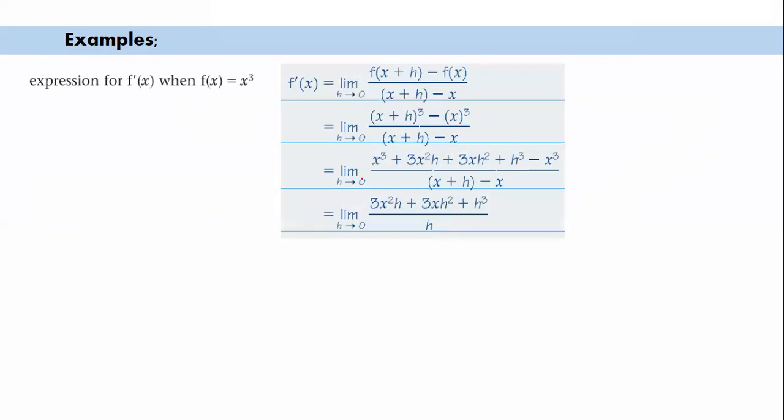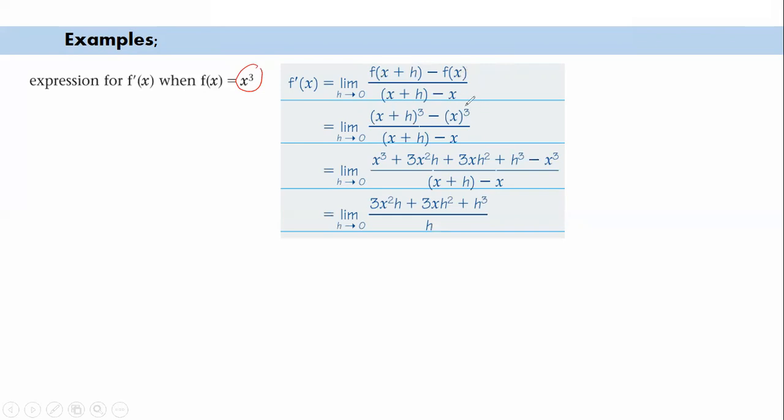We will again consider the general formula, which is f'(x) equals the limit as h goes to 0 of f(x plus h) minus f(x) over (x plus h) minus x. Now, since f(x) is x to the power 3, we can substitute x to the power 3 for f(x) and f(x plus h).